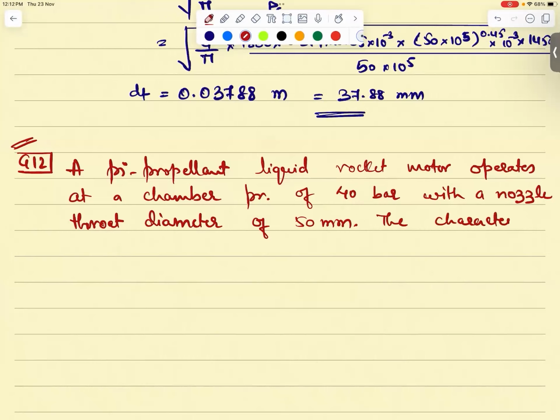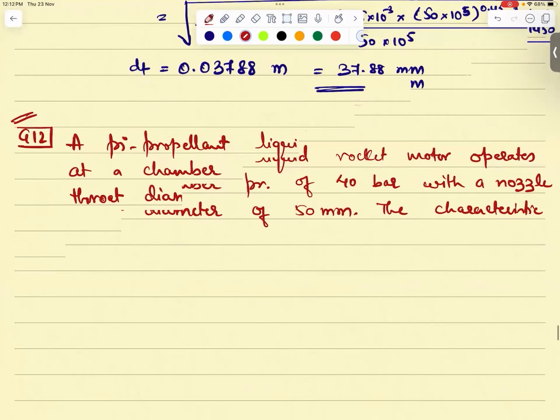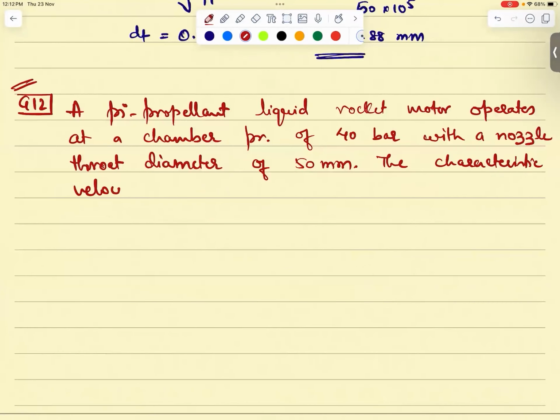The characteristic velocity is 1540 meters per second.